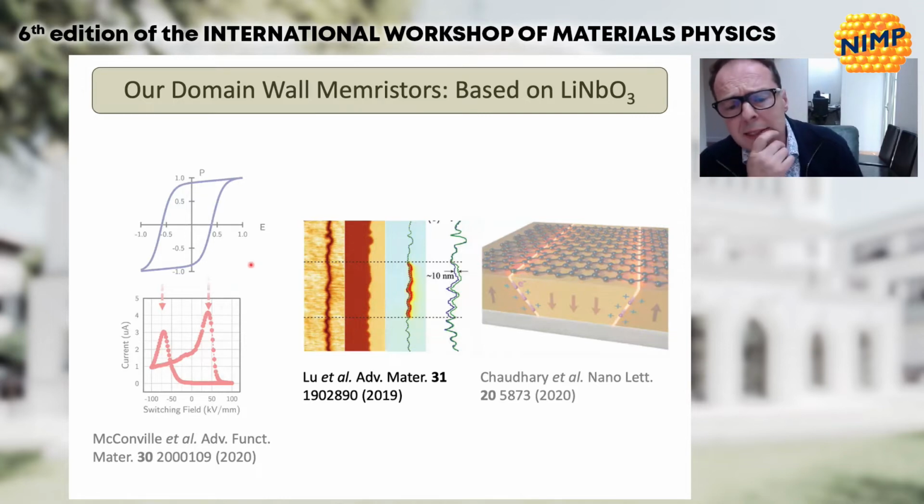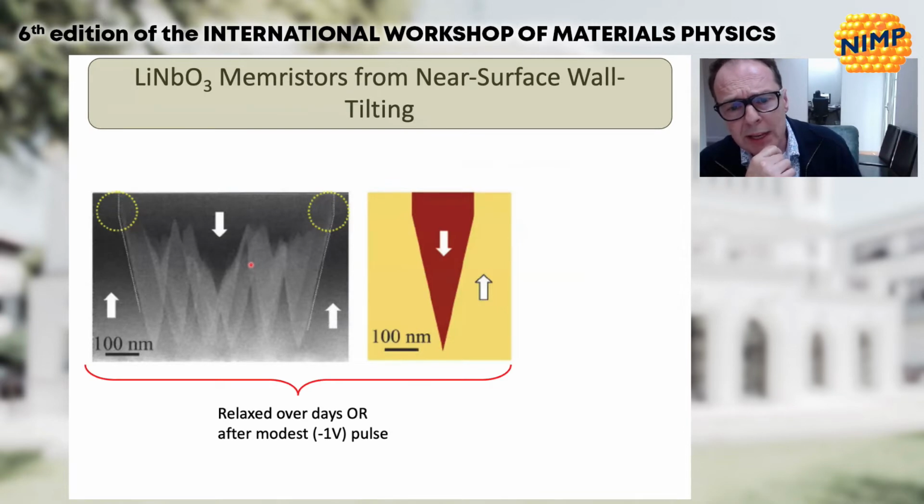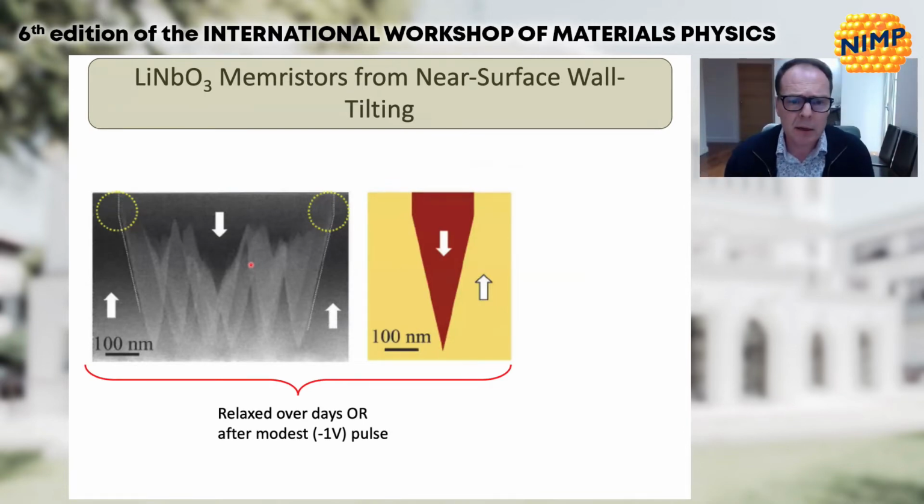In Nebraska, Alexei was much more subtle. And what he did was this. He noticed that when you look at the cross-section of the domains within the interelectrode gap of this single crystal LNO, after some time, the top region of the domain wall starts to lose its inclination angle with respect to the polarization axis.